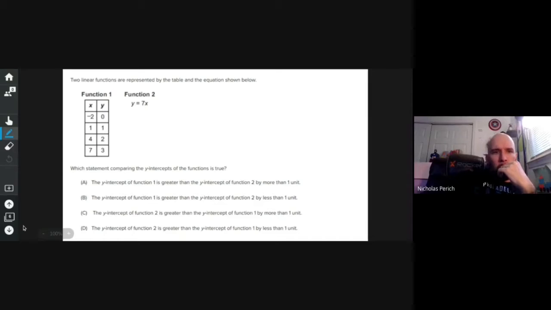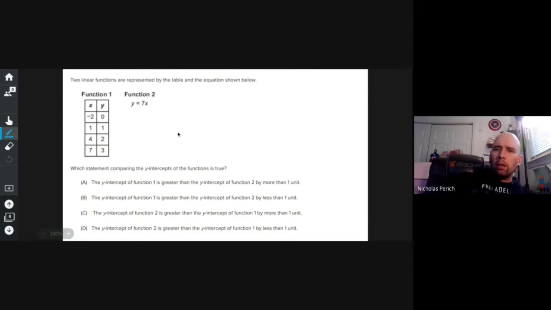All right, so stay with me on this one. Two linear functions are represented by the table and the equation shown below. So here's function 1, which is a table, and here's function 2, which is an equation. Which statement comparing the y-intercepts of the functions is true?